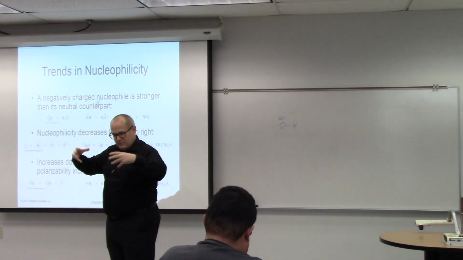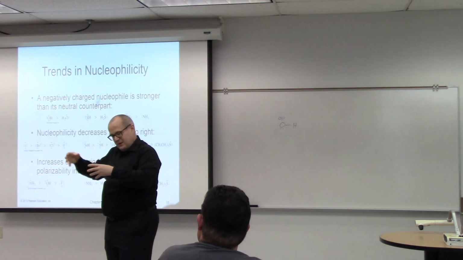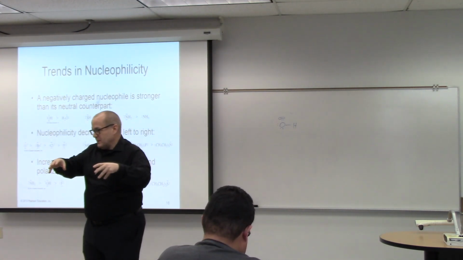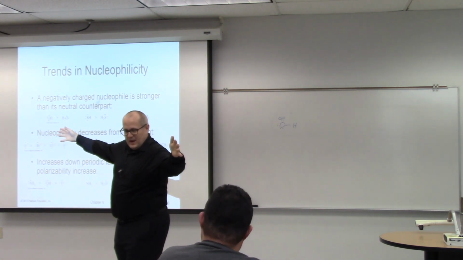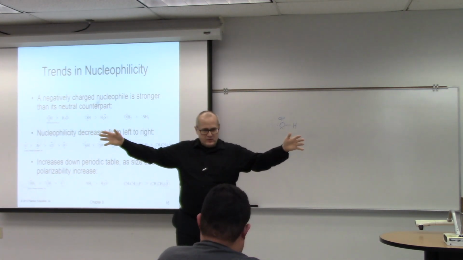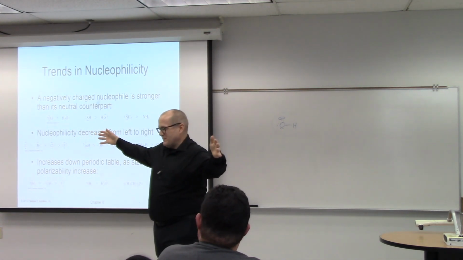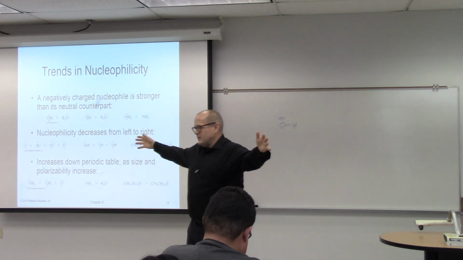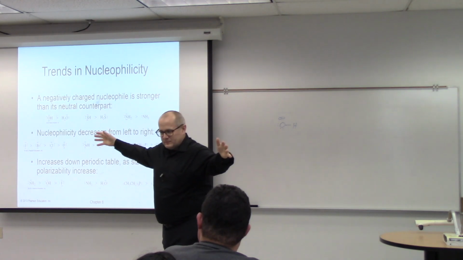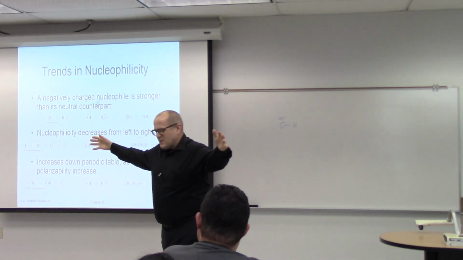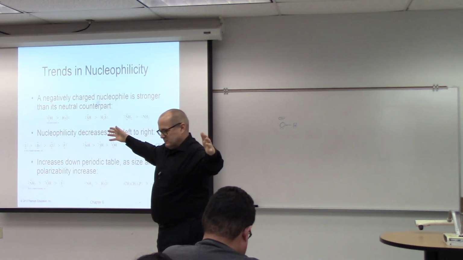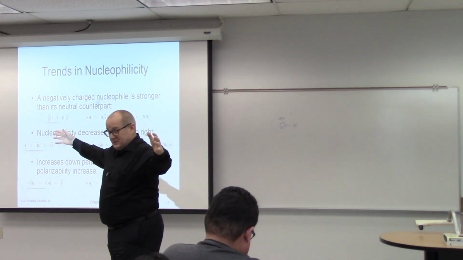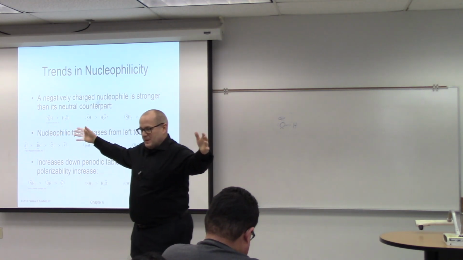The ones on the outside have what's called a very low effective nuclear charge, right? Remember all that from general chemistry? So those electrons on the outside are not that strongly held. Are you with me? So think about iodide as a big fluffy pillow. Seriously, think of it as a fluffy pillow.